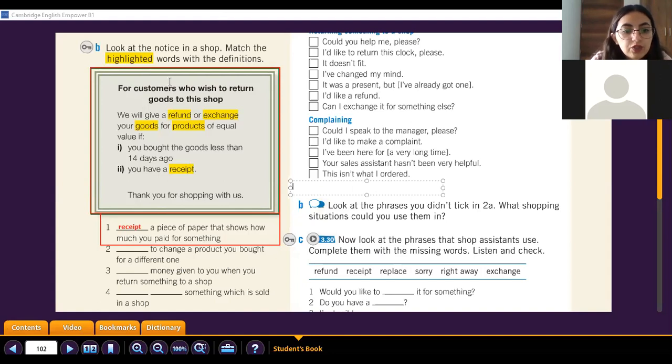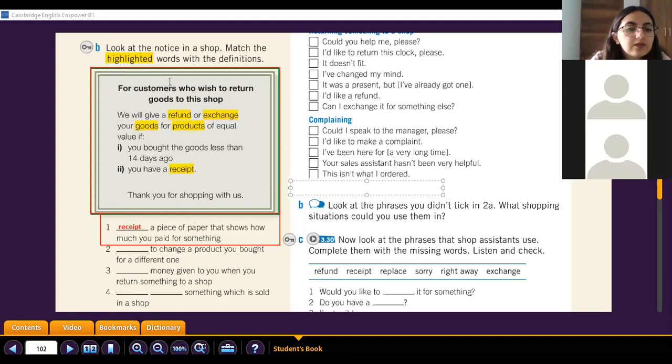This is to change a product you bought for a different one. Refund or exchange. Exchange. Exchange. Y hay una pequeña diferencia entre las dos. Exchange lo vamos a utilizar cuando ustedes cambian una cosa por otra. ¿Sí?